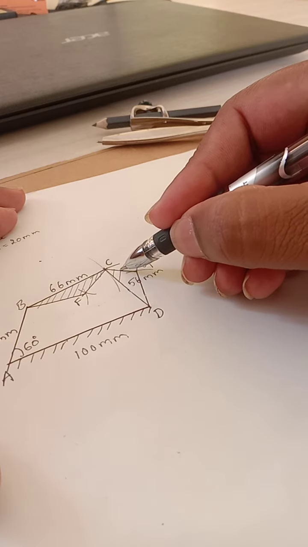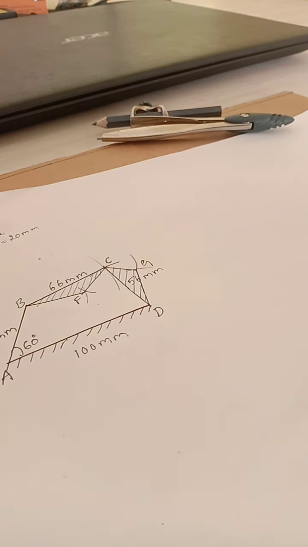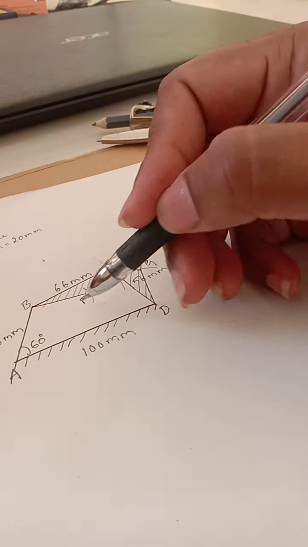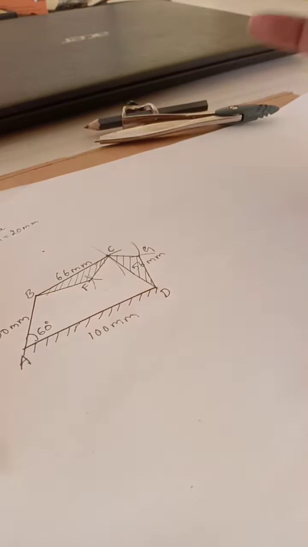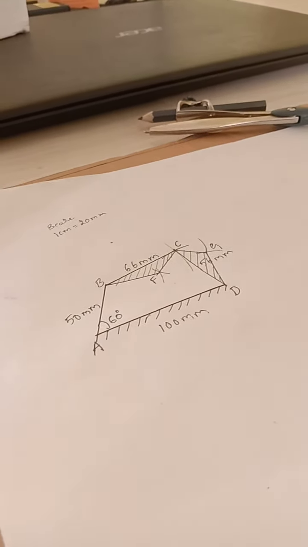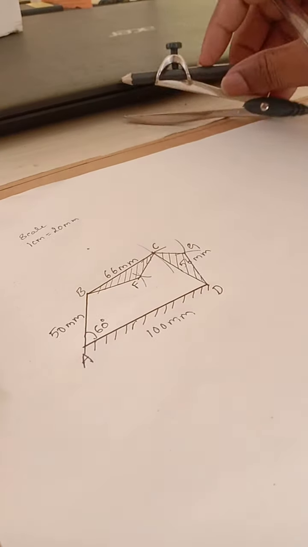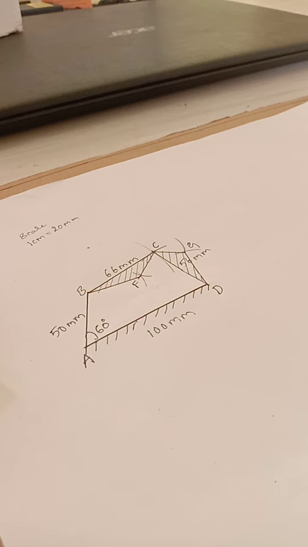This is also hatched, because it is a ternary link. So this BCF is one link, and this CGD is also one link. It is a ternary link, but it is not part of the 4-bar. We are interested only in ABCD.